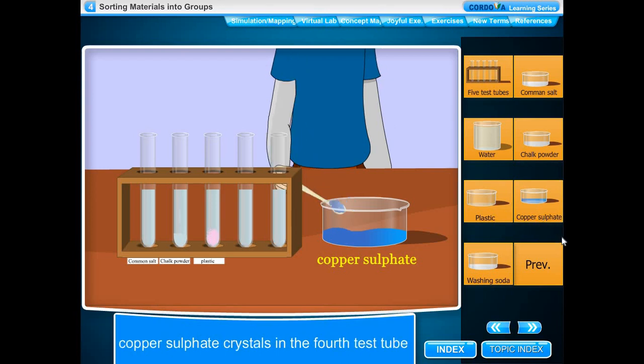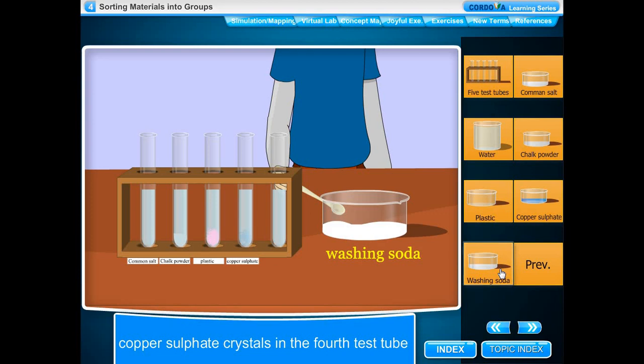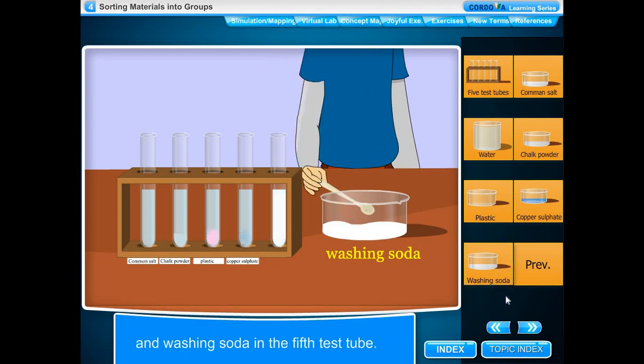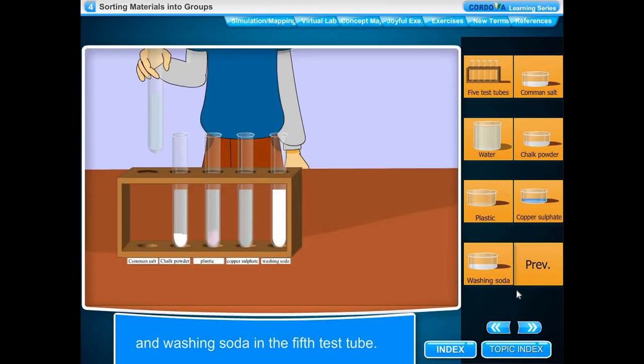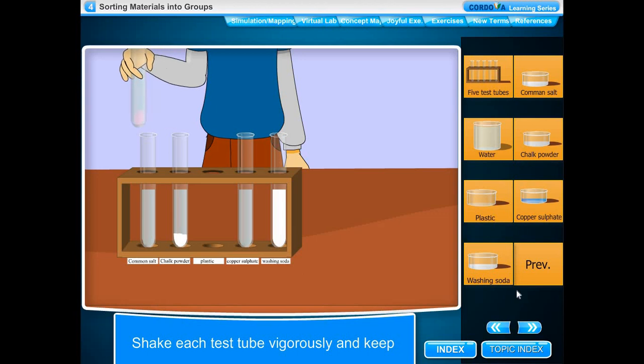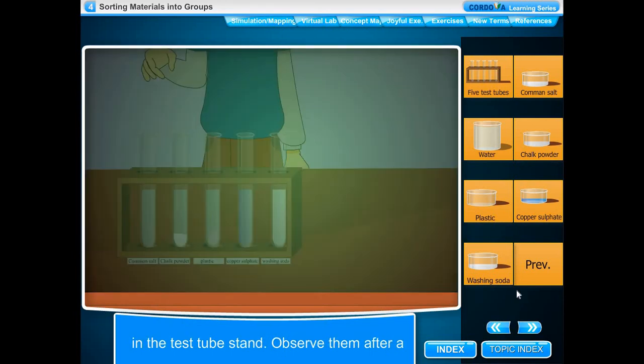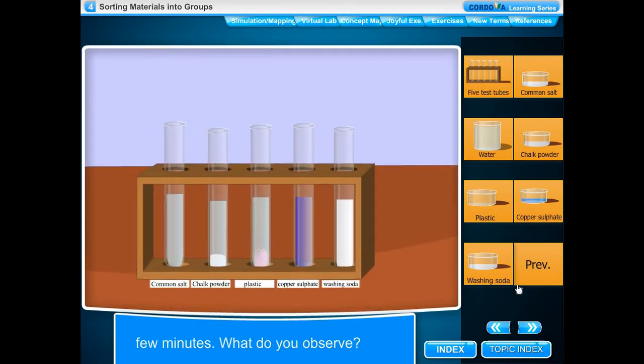Copper sulfate crystals in the fourth test tube. And washing soda in the fifth test tube. Shake each test tube vigorously and keep in the test tube stand. Observe them after a few minutes.